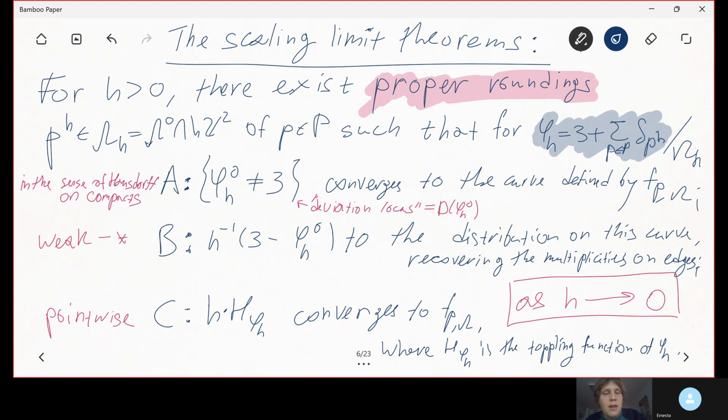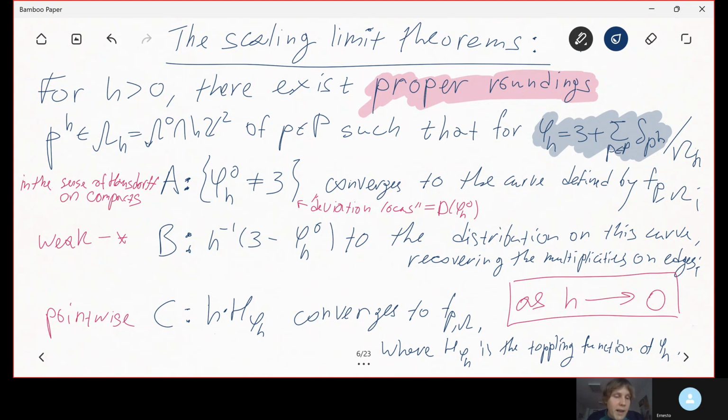It doesn't know the multiplicities, and so that's why it's interesting to consider the quantitative deviation, h minus 1, 3 minus phi h0, which measures how far you are from all 3. And this weak star converges to some distribution on this tropical curve. And from this distribution, you restore the multiplicities on edges.